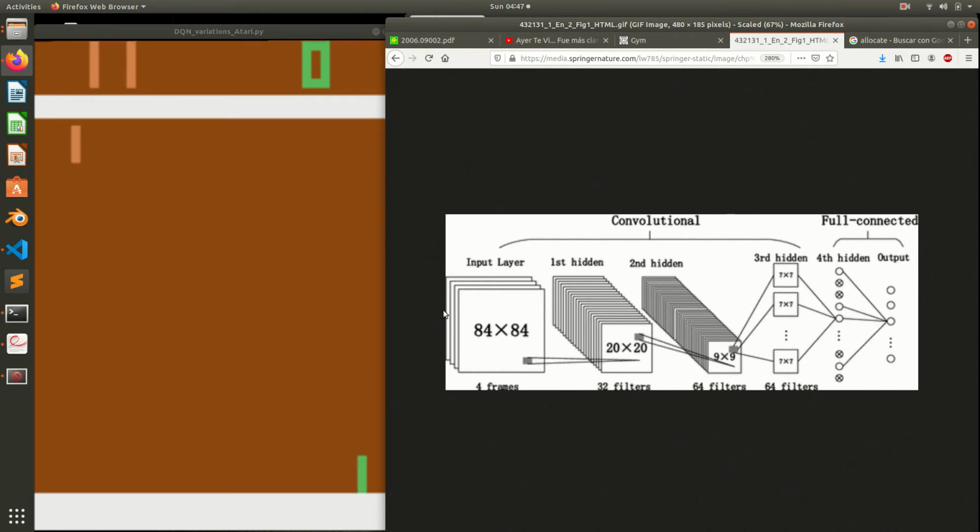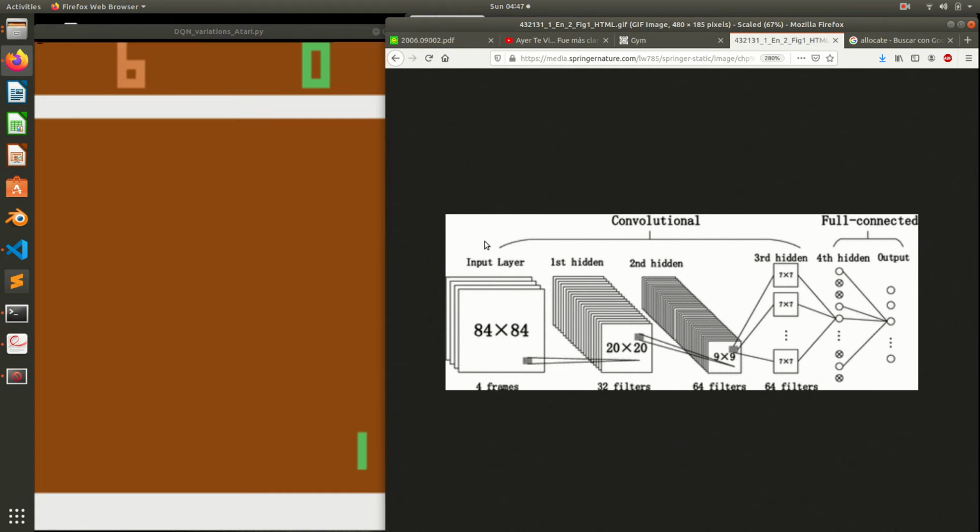Basically, we have here as input the image. In this case, it is the image of the video game. For instance, we can have here a resolution of 84 by 84, and as a depth we have three layers.